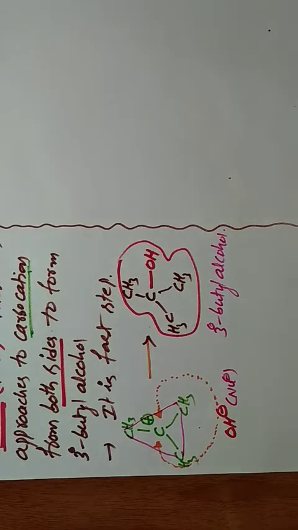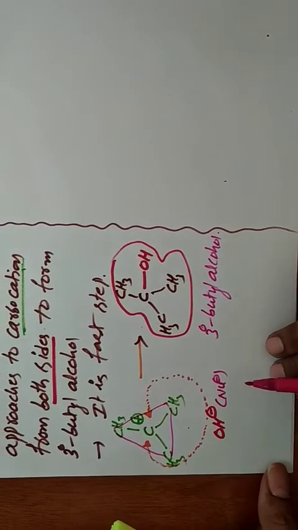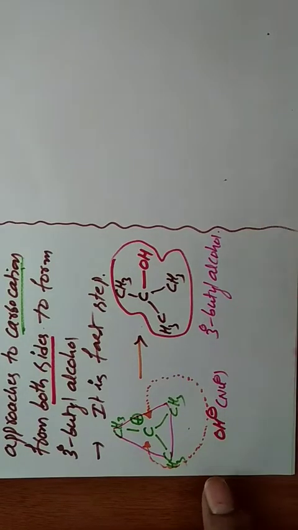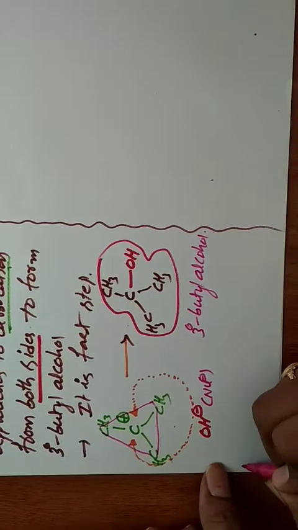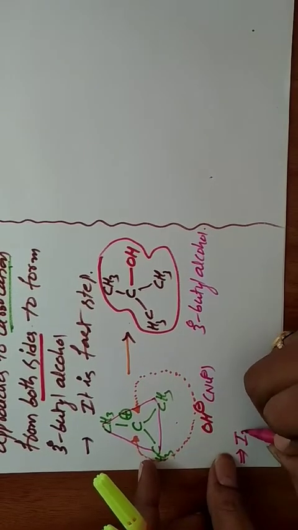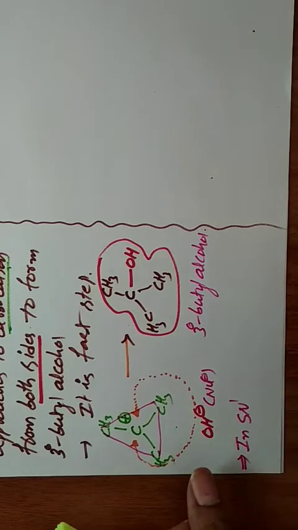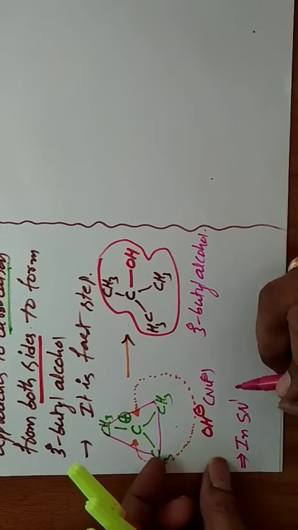So next, one more important point. Whenever a nucleophile approaches, racemic mixture. So in SN1 we can get racemic mixture.